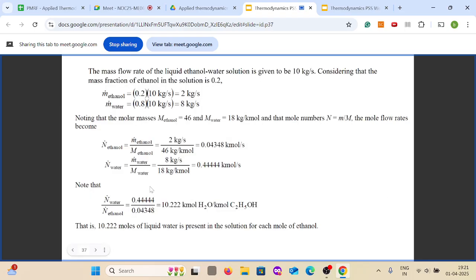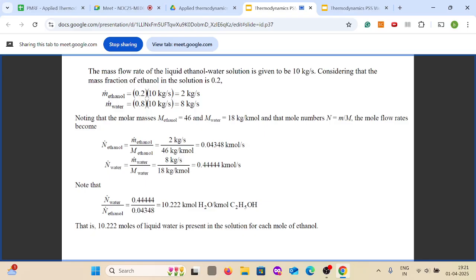So we have a mass flow rate of liquid ethanol-water solution of 10 kg per second, and it contains 0.2 mass fraction of ethanol. So the mass of ethanol will be 0.2 times 10, the mass flow rate of the solution, which gives a mass of ethanol of 2 kg per second. The mass of water will be 8 kg per second.